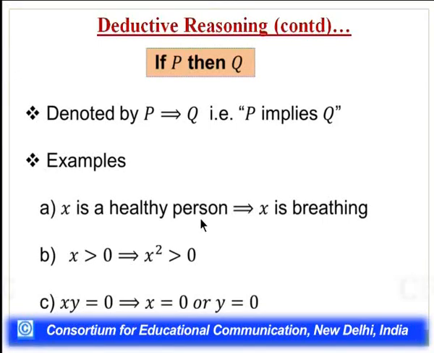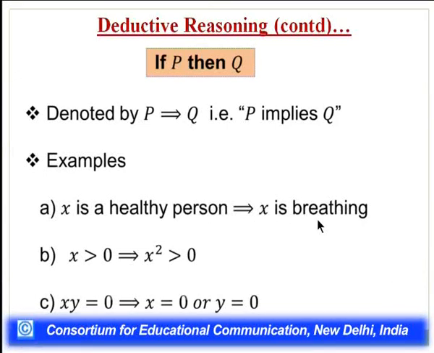Let us suppose proposition P is X is a healthy person and proposition Q is X is breathing. So in this example, if X is a healthy person, then X is breathing, and that is logical, because if X is a healthy person, then he is certainly alive and therefore he is breathing.